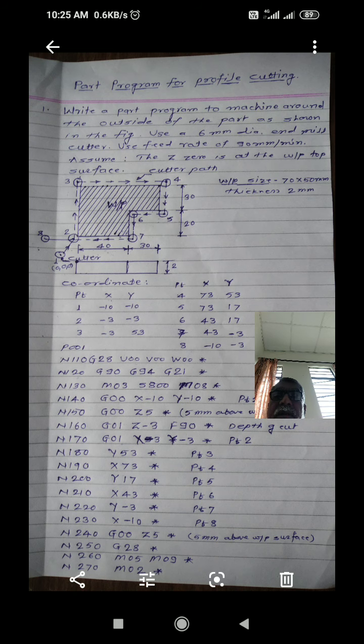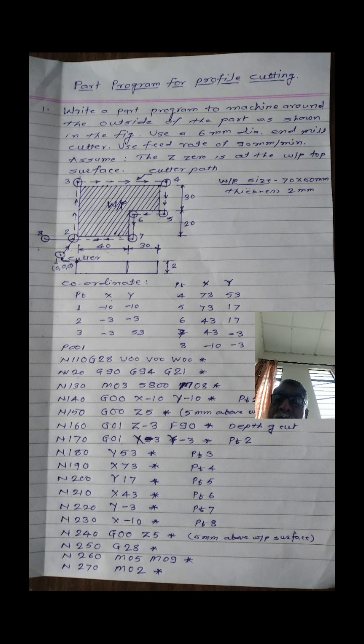As the thickness of the workpiece is 2 mm, you have to give some more depth of cut to perform the cutting operation. Therefore, Z minus 3 with feed rate F90, end of the block. Is it okay? Means during block number 160, the depth of cut is given. Is it okay?